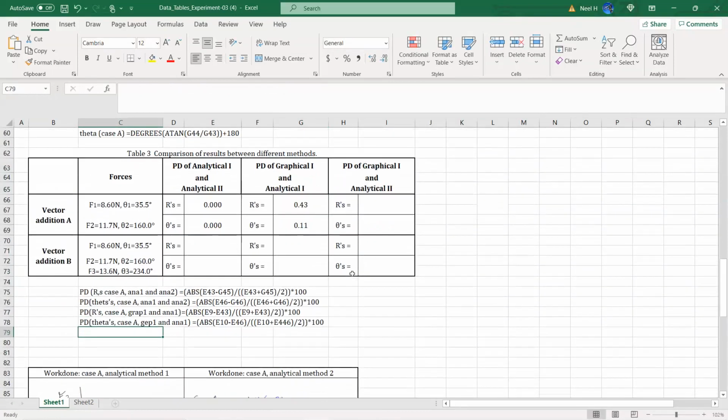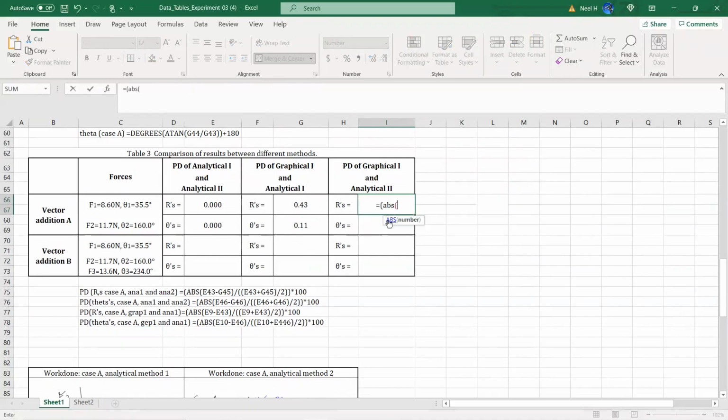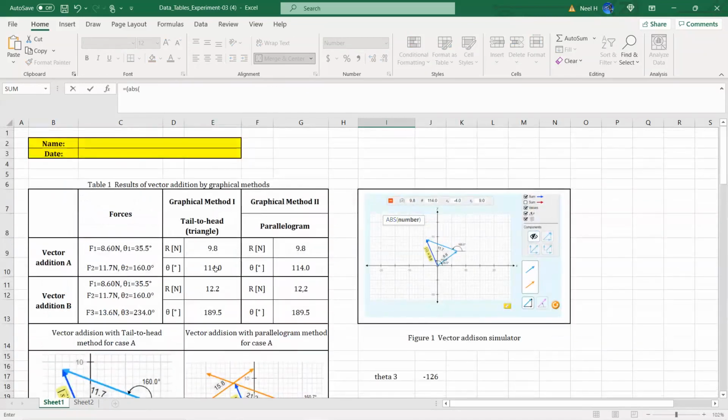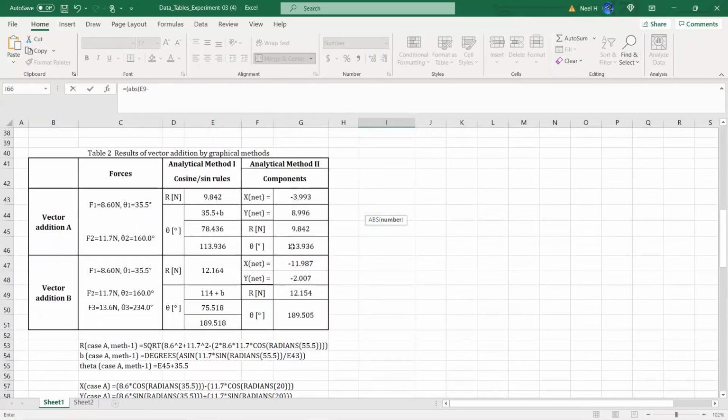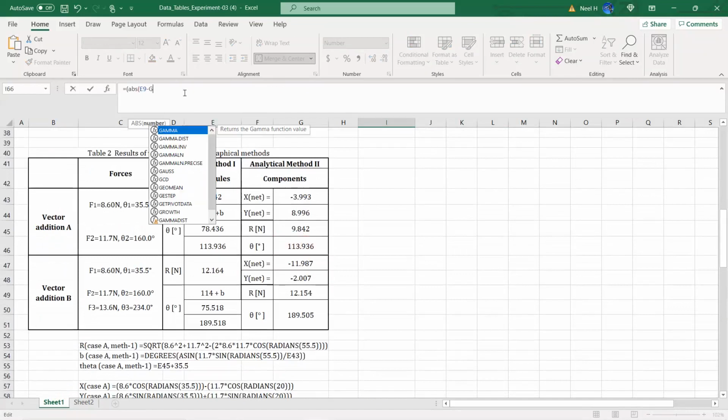And then you compare graphical 1 to analytical 2 in the last column, okay, this one. Same function, equal open bracket ABS, open brackets. Graphical 1 is still the R value minus, but for analytical, I'm going to use the method 2 R value right here, G number 45, close brackets.